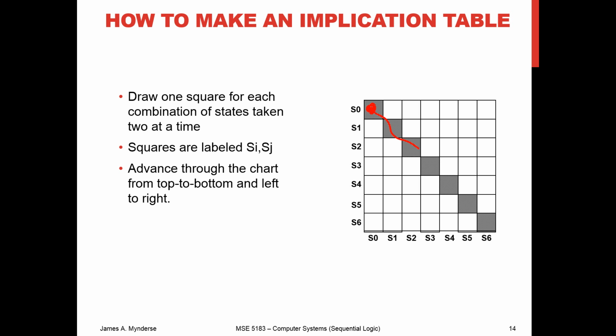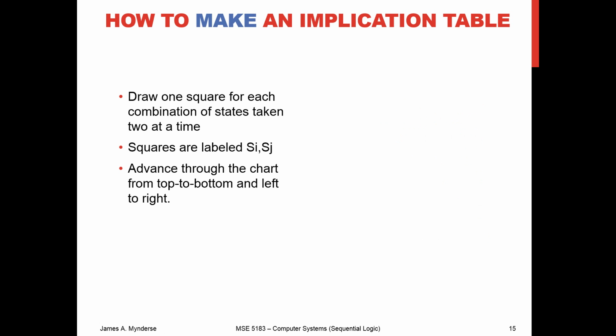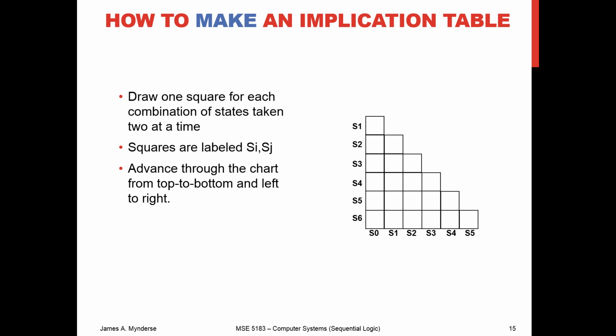And actually all the way down the diagonal is pretty pointless. And everything above the diagonal is pointless because it's a repeat of things below. And because we're always just taking two states together, we're not worried about the order. So that's how we arrived at that bottom left portion. There's just the reduced portion that has each of our states, and we don't need to go through any doubles.